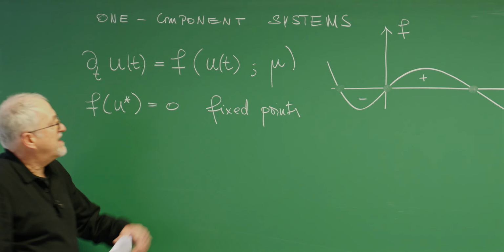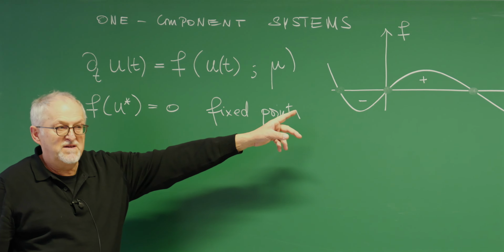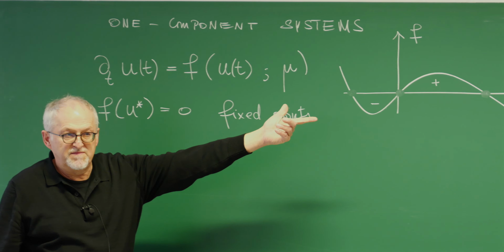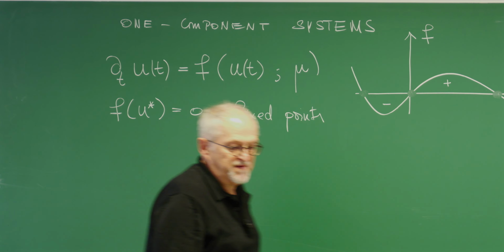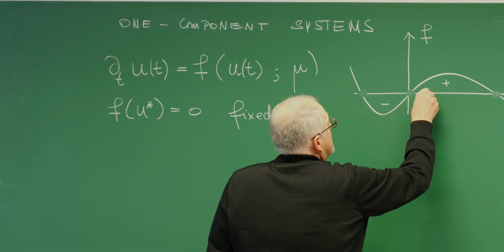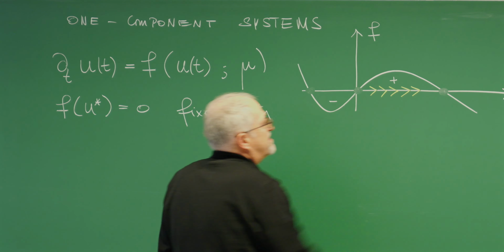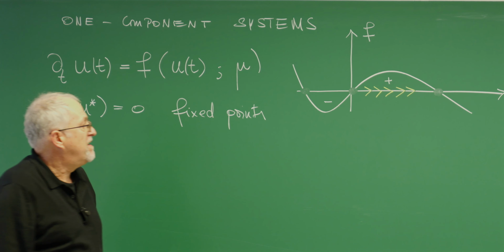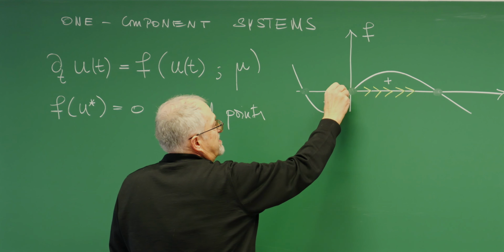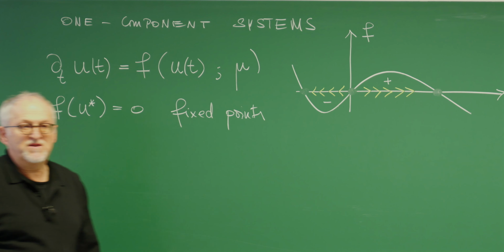So that means if I again look at the equation of motion, on the right-hand side, u needs to increase because the function f is positive. So if I draw the flow into this diagram, the flow goes that direction. And here on the left-hand side, because it's negative, the flow goes this direction.